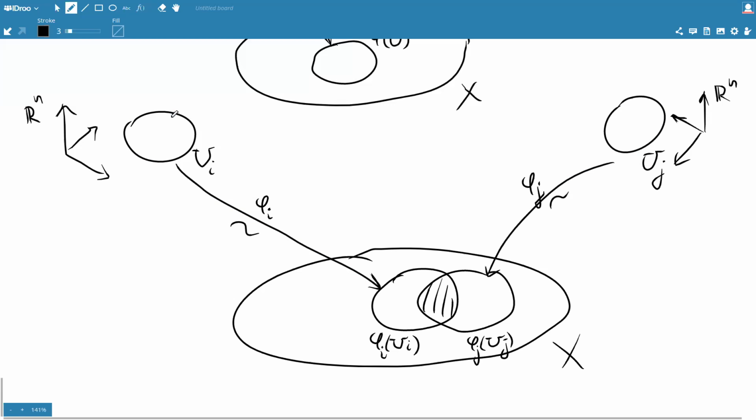If you take the preimage of their intersection, so this is phi_i^-1 of their intersection, respectively take the preimage of the same thing by phi_j.